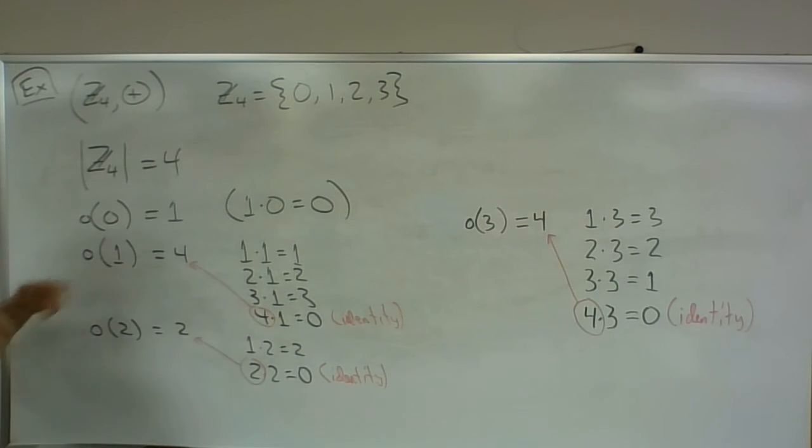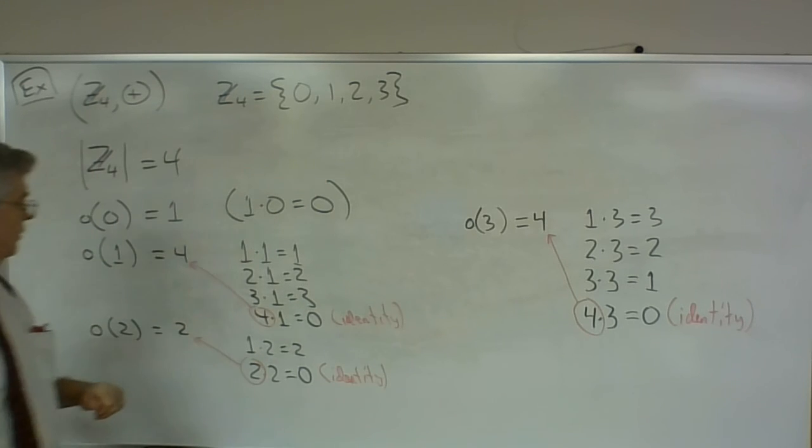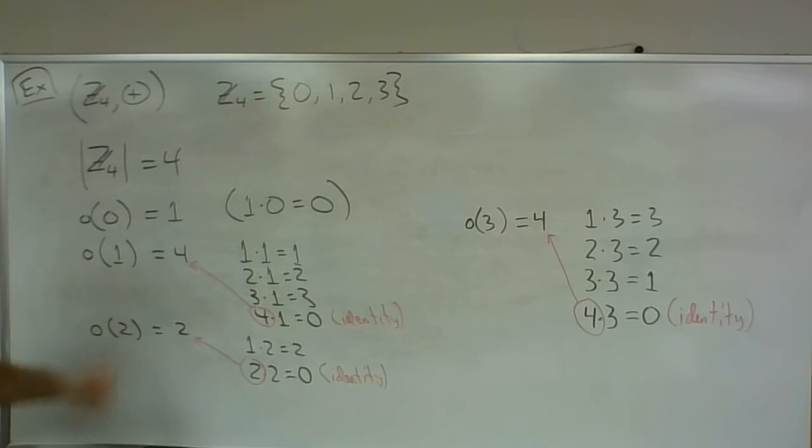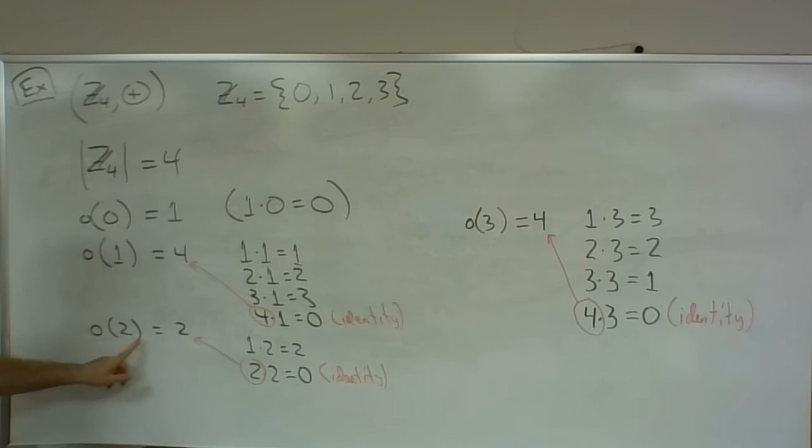So the order of the identity is 1. No big surprise there. Some of the other elements have an order that's the same as the order of the group. 1 has an order of 4. 3 has an order of 4. The order of the element 2 is 2.